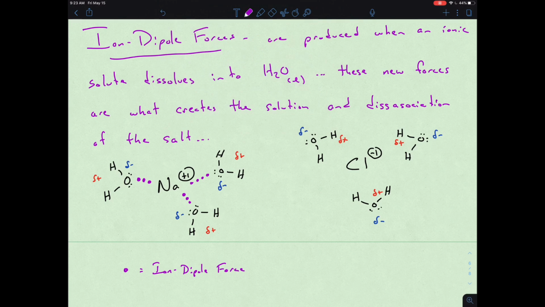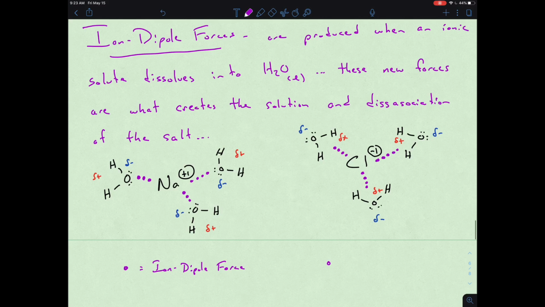And that's now where our ion dipole force comes from. So, there are no ionic liquids out there that we're going to be dealing with. So when trying to figure out what solvent is the best choice for an ionic molecule, your choice is always going to be H2O.